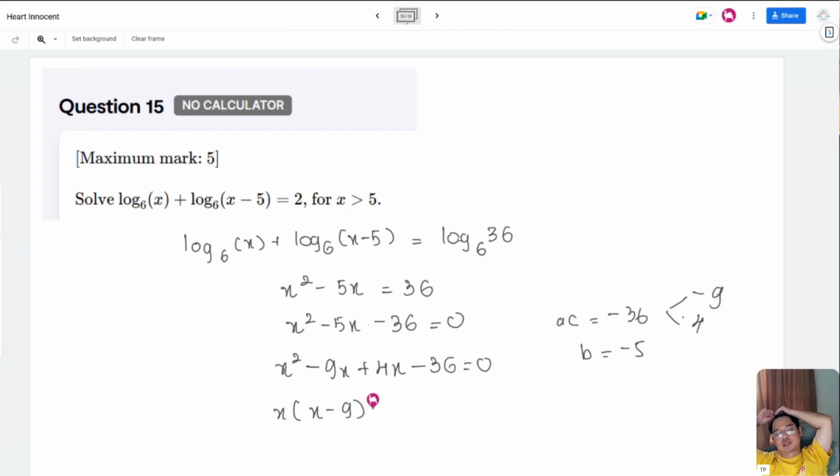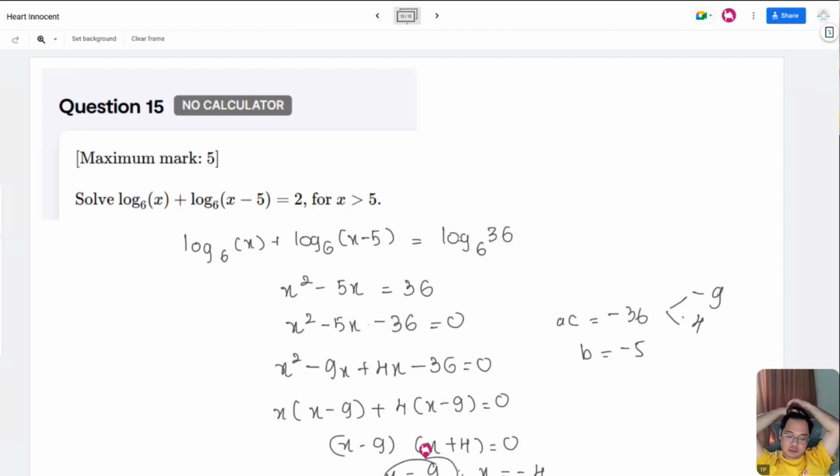Okay, factorization. So we have the two solutions, which are 9 and minus 4. X equal 9 is the solution because it cannot be a negative value.